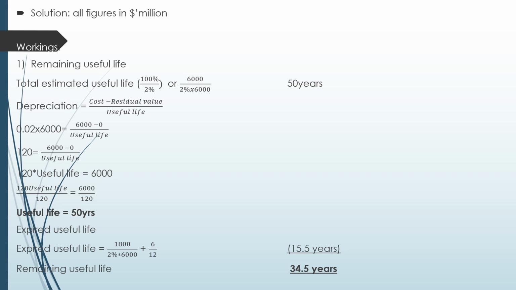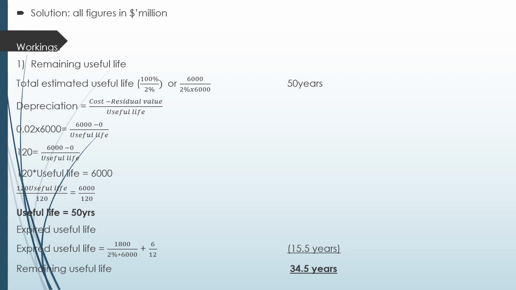Another approach is using the depreciation formula and finding the missing item in the formula. Depreciation is cost minus residual value over the useful life of the asset. Sometimes you may not see residual value, you may see scrap value or realizable value.